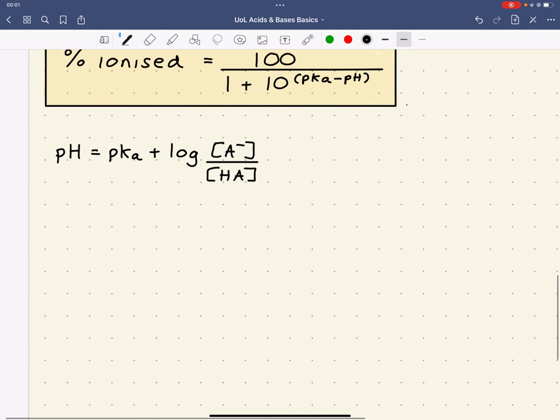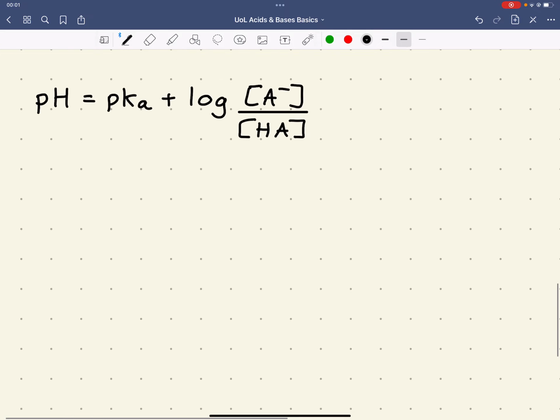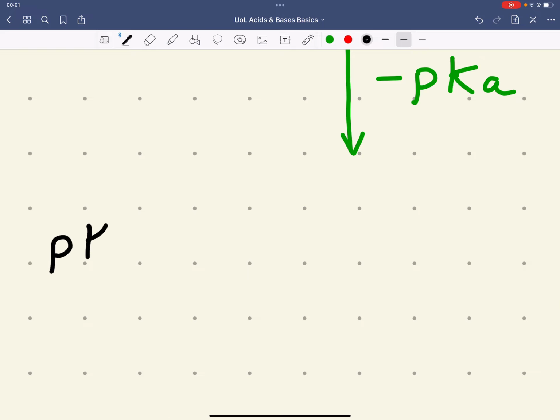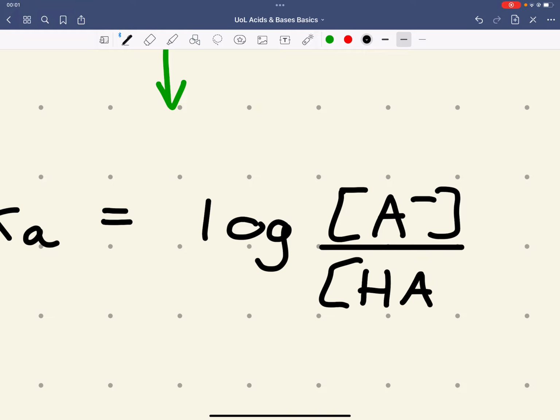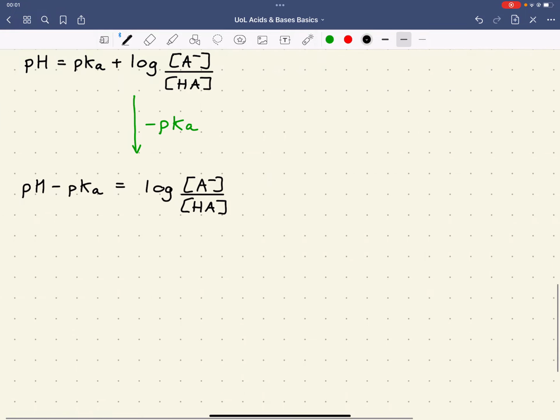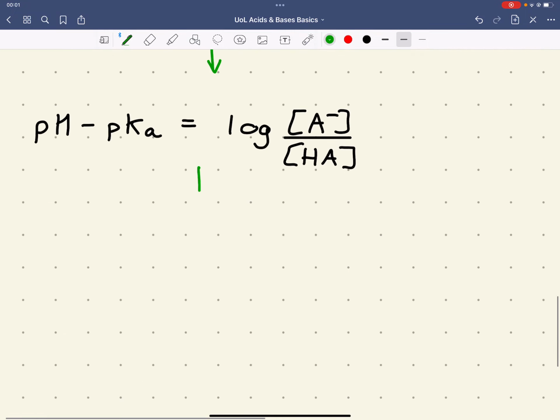We start with our old friend, the Henderson-Hasselbalch equation. And the first thing we do is we subtract pKa from both sides. And that would give me then pH minus pKa equals log A minus concentration over HA concentration. Now, the next thing we do, once we've got that, is we take the inverse log of both sides.